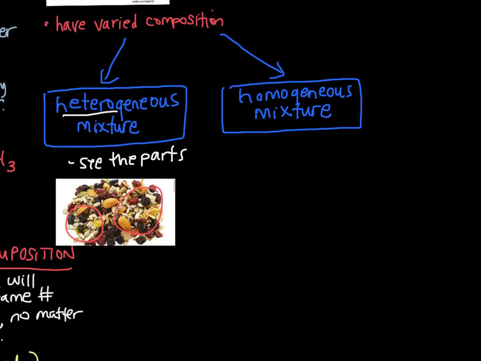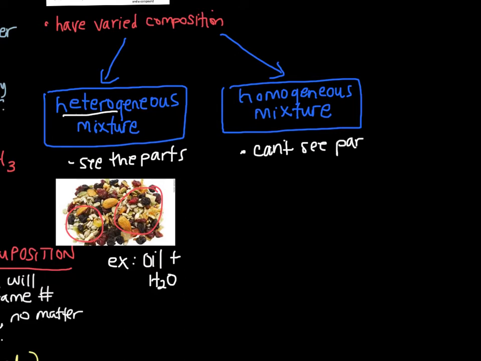Another heterogeneous mixture, if you want another example, would be oil and water, where even though you mix it up, you can still see the oil and the water separate from each other, and they will separate if you let them. A homogeneous mixture is a mixture where you can't see the parts.